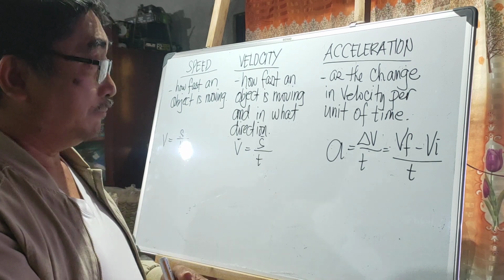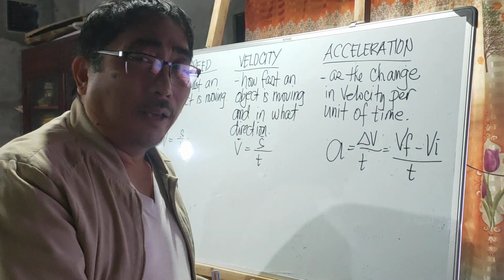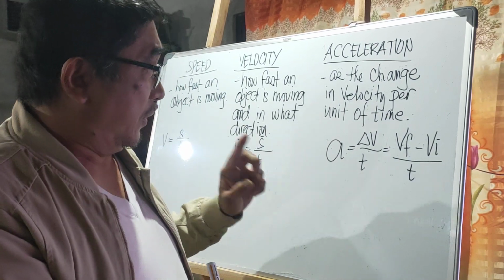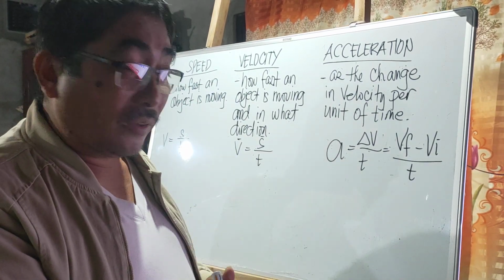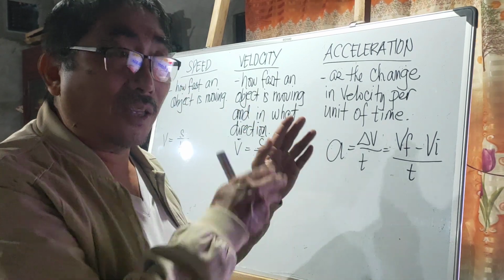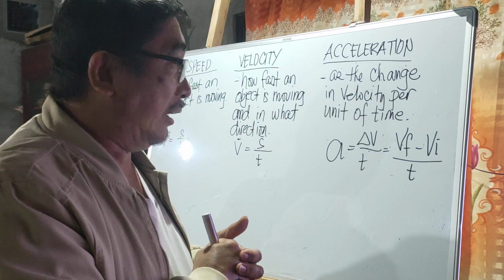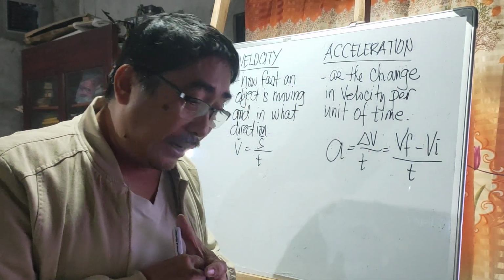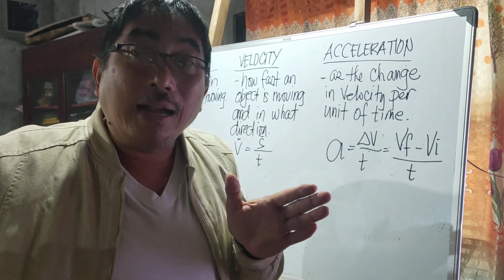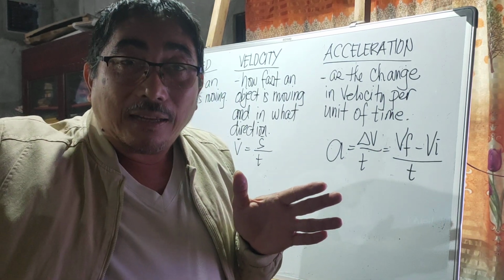As well as the acceleration. Anyway, ang acceleration is napakadali namang maunawaan, no? The symbol is small letter a, at ang kanyang formula is the change in velocity over time. Kasi ang ibig sabihin ng acceleration is, ito yung pagbabago ng bilis habang tumatagal.